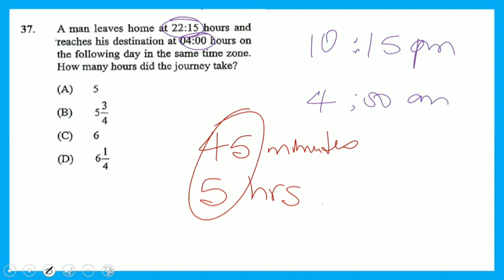And of course, we know that none of these are the answer. Of course, you know that 45 minutes as a fraction of the total minutes that make up an hour, which is 60, is going to give us 3/4. We were asked how many hours, so it's 5 3/4 hours.